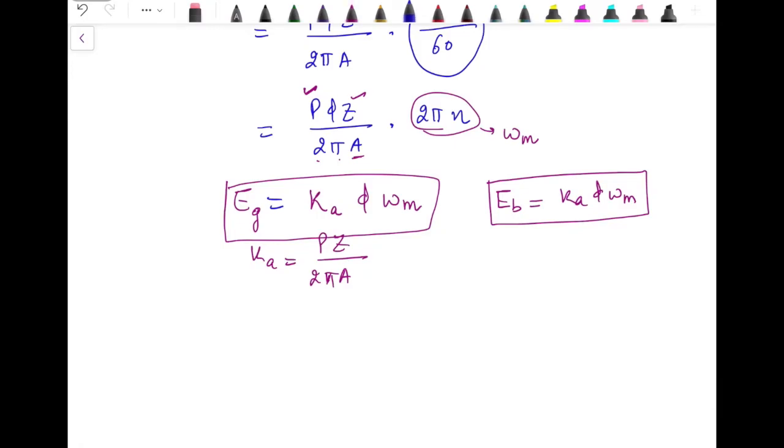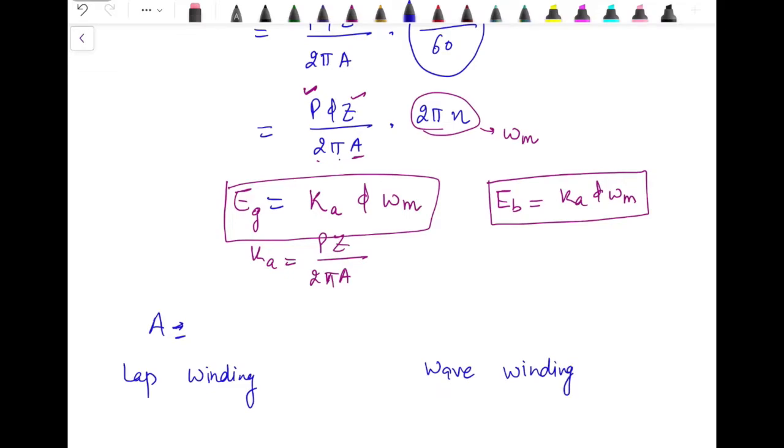Now, coming to what the number of parallel paths is. The number of parallel paths depends upon which type of winding we are using in the armature. There are two types of winding in the armature: one is lap winding, the second is wave winding.